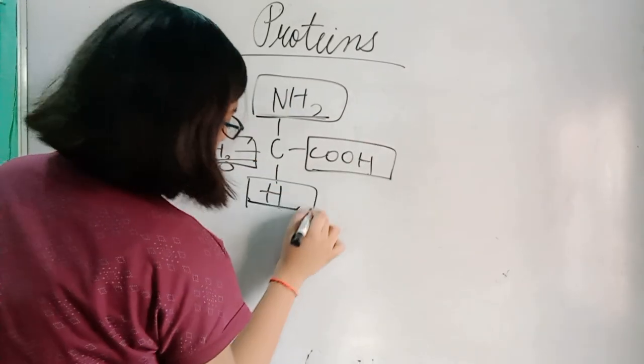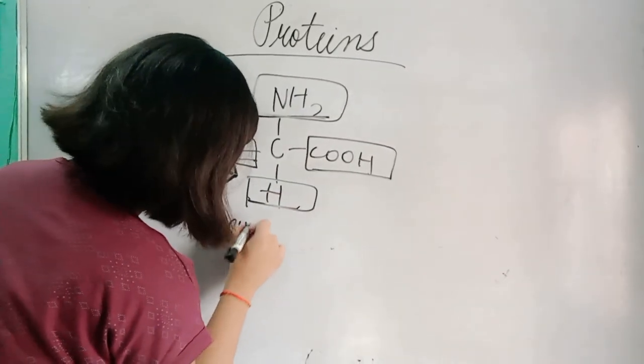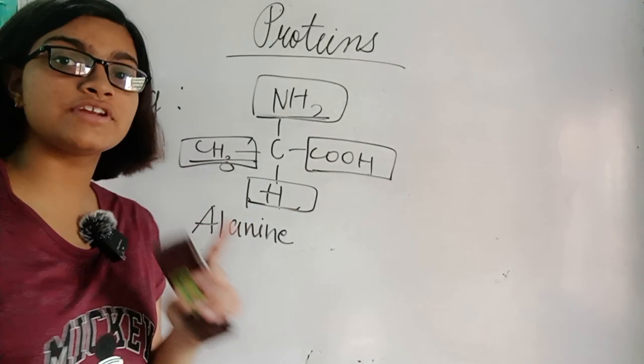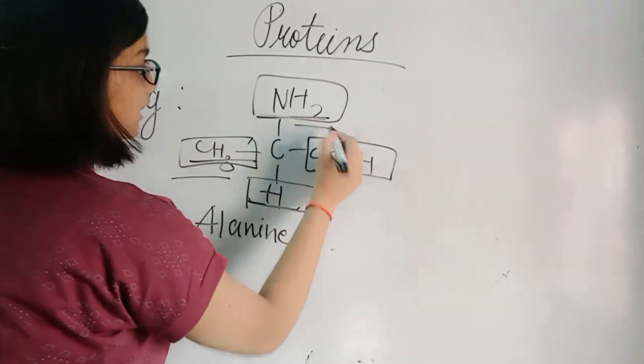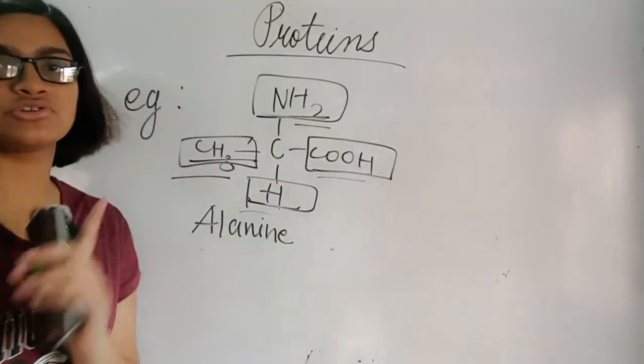So we know this is alanine, and here we can see it has 4 different groups: methyl group, amine group, carboxylic group, and one hydrogen atom.